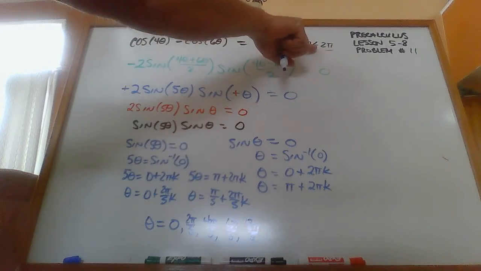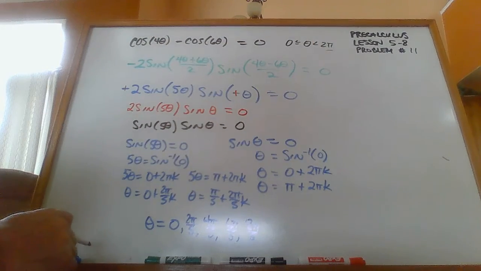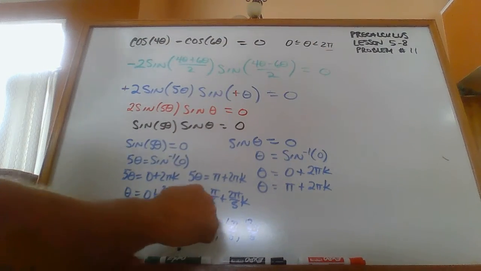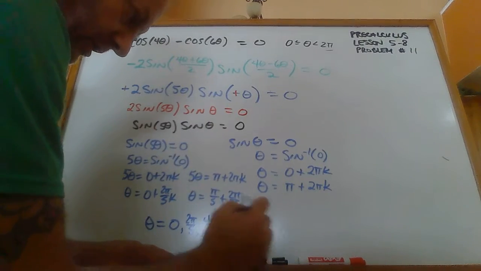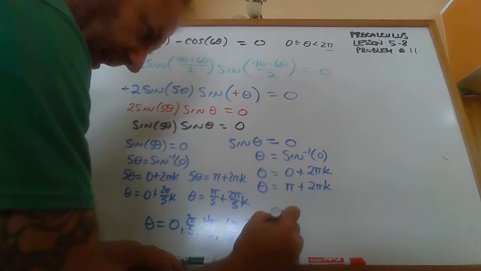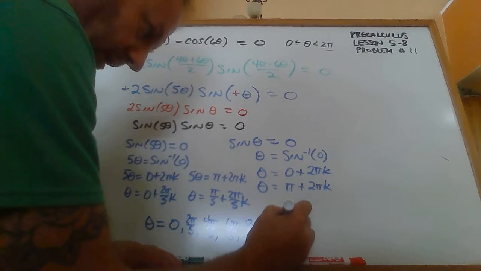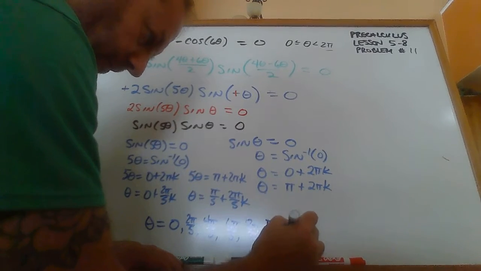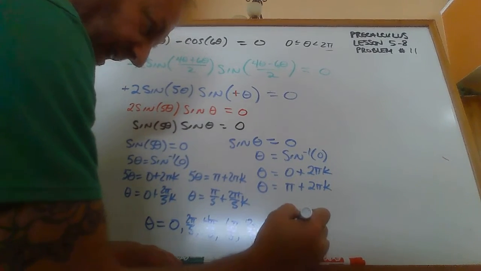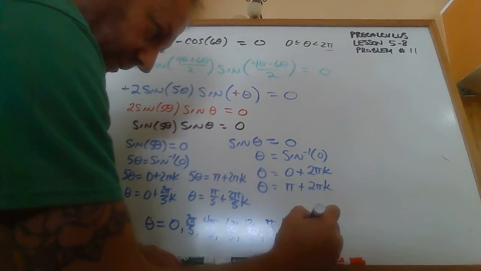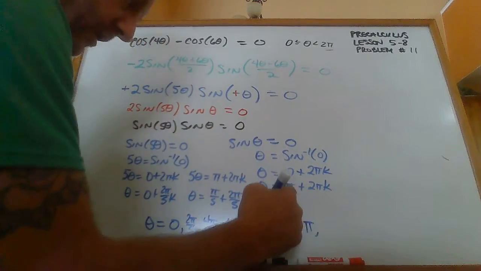And since this says it's only less than, we don't want that answer. It's too big. So then I go to this one, and I get an answer at pi over 5. I get another one at 3 pi over 5. I get another one at 5 pi over 5, but that's just pi, so I also get that from there.